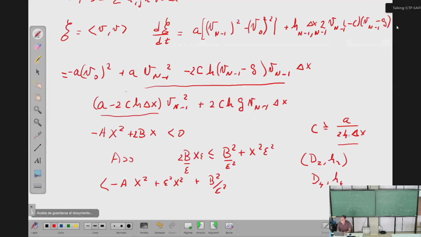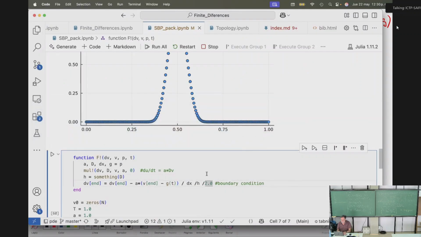So you have 2h dx. So you can automate this. It will take any derivative operator and it will give you the correct coefficient, okay?